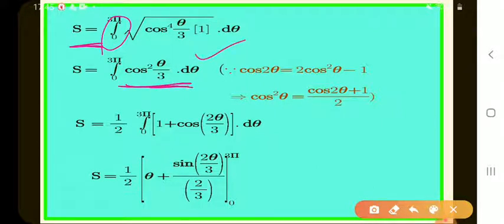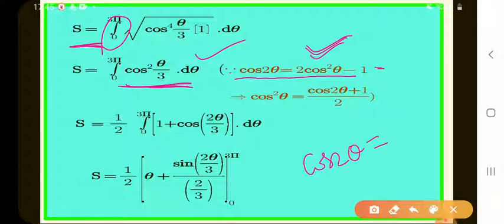Now I change cos square θ/3 into cos 2θ terms. We know the formula of cos 2θ. Cos 2θ has three formulas. First one is 2 cos square θ minus 1. Next one is 1 minus 2 sin square θ. And third one is cos square θ minus sin square θ.